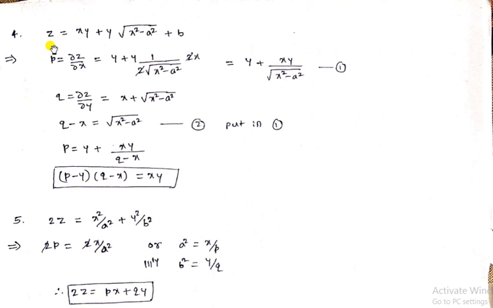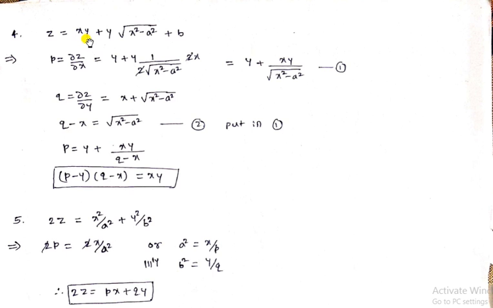Similarly, the fourth one is z equal to xy plus y into square root of x square minus a square plus b. So differentiate z with respect to x and y and eliminate the arbitrary constants a and b. So solution: first, differentiating the z function with respect to x, dou z by dou x can be denoted as p.